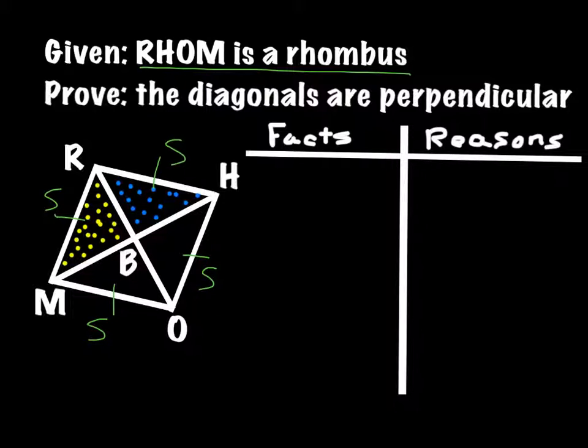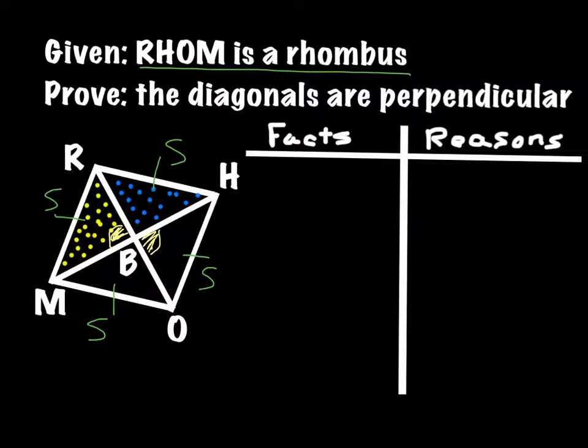Before I actually write anything else down, let's discuss why I'm going after these two triangles here and here. I could prove that these two triangles are congruent. If I did, it would prove that this angle here is the same as this angle here.